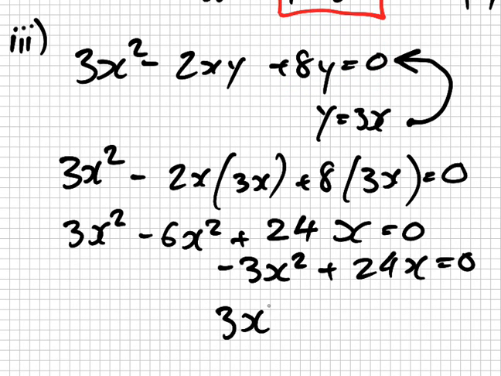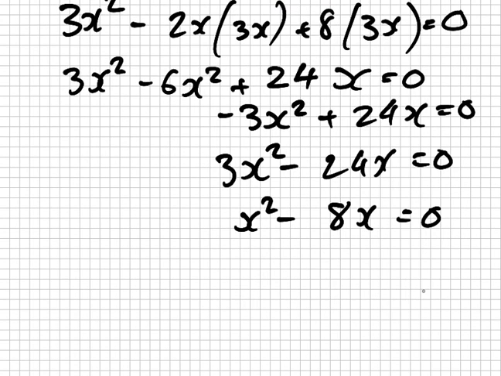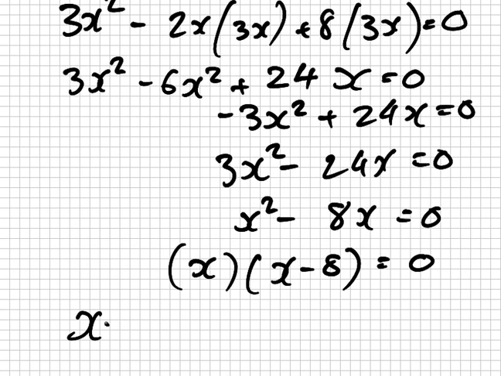So 3x squared minus 24x equals 0. I should divide by 3. x squared minus 8x equals 0. And here I get x times (x minus 8) equals 0. So you have x equals 0 or x equals 8.